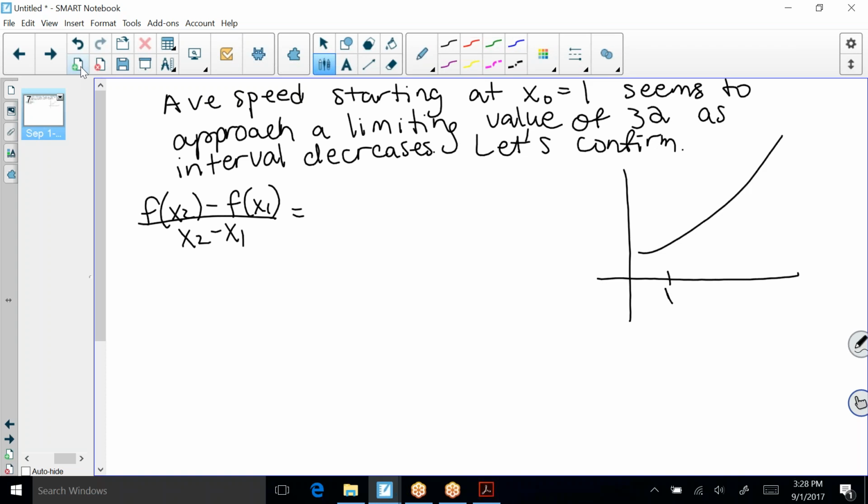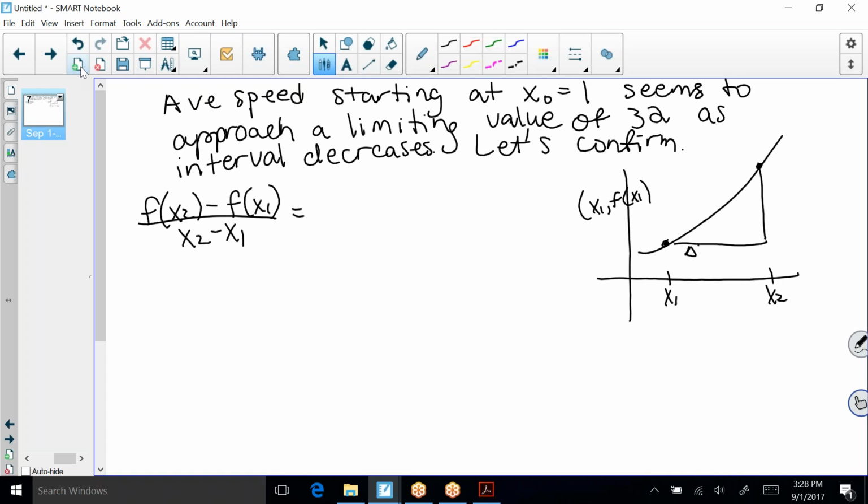So this is our first point, x sub 1, and then let's say this is our second point, x sub 2, that makes up our interval. Remember, this point here was x sub 1 comma f of x sub 1. And we wanted to look at the change in this y value divided by the change in the x value. But what we're doing is we're making this interval shorter and shorter and shorter.